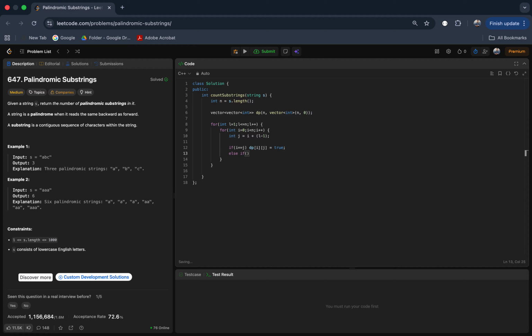Else if my j index is adjacent to my i index, then in that case I will be doing dp of i j equals s of i equals s of j.